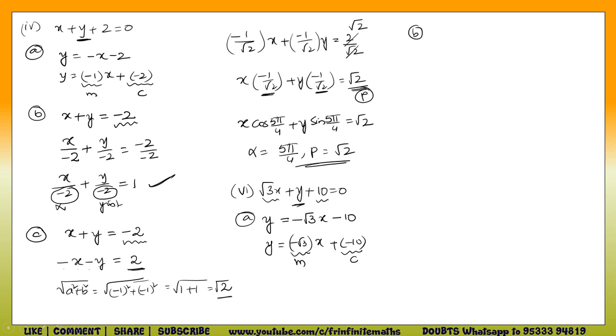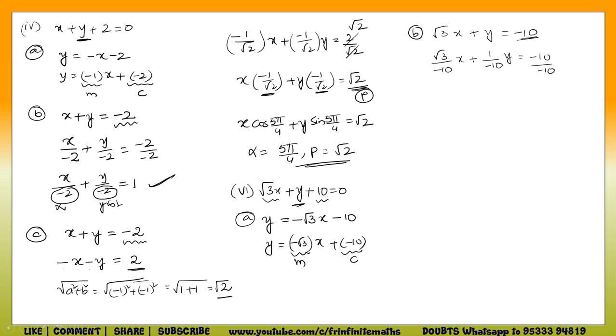Okay, next moving on to the second form. So what is the second form? Intercept form. So for intercept form, what should I do? I need to transpose the constant to the other side. When I transpose, this becomes minus 10. Since it is minus 10, I need to make it as 1. For that we need to divide the whole thing with minus 10. Then this becomes root 3 by minus 10 into x plus 1 by minus 10 into y is equal to minus 10 by minus 10.